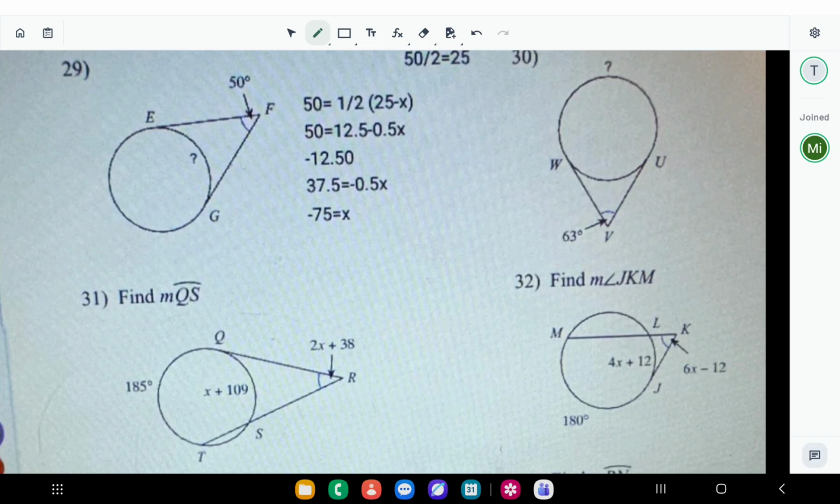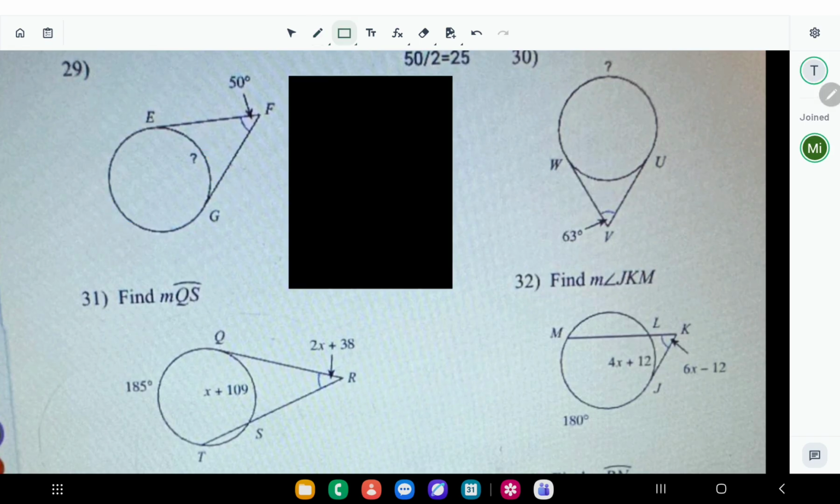The external angle is just equal to 1/2 of the difference between the major arc and the minor arc. But we're only given 50 degrees, right? We're not given this arc. Maybe you meant the central angle and the external angle are supplementary. Maybe.